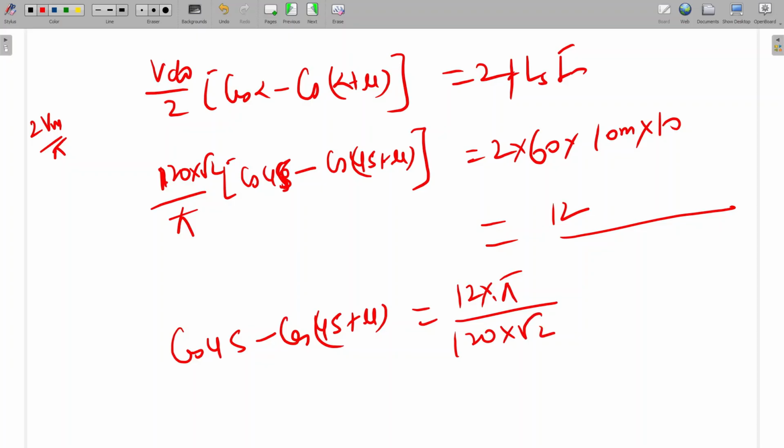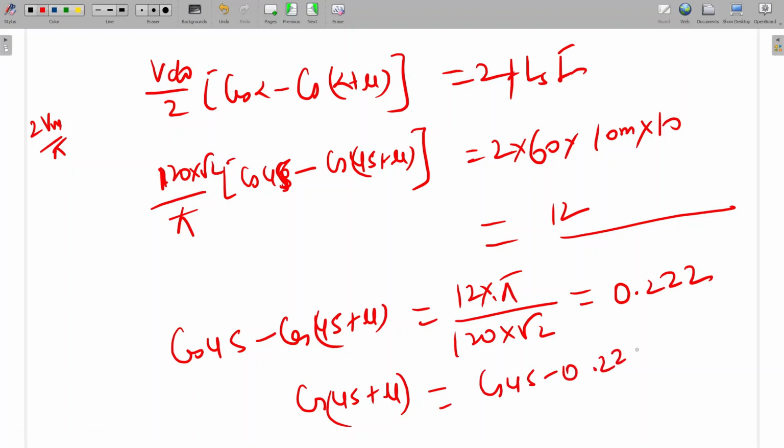The right hand side is 0.222. So cos of 45 plus mu should be equal to cos 45 minus 0.222.